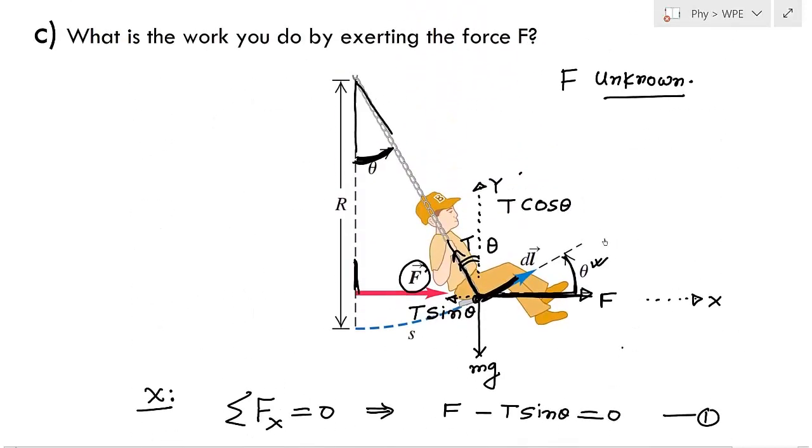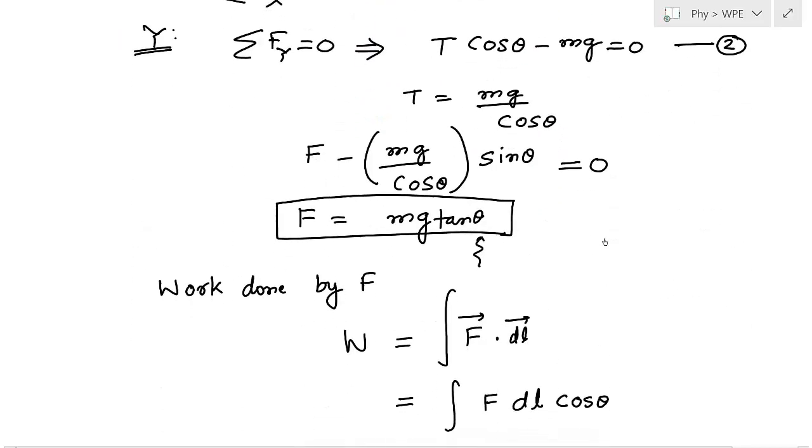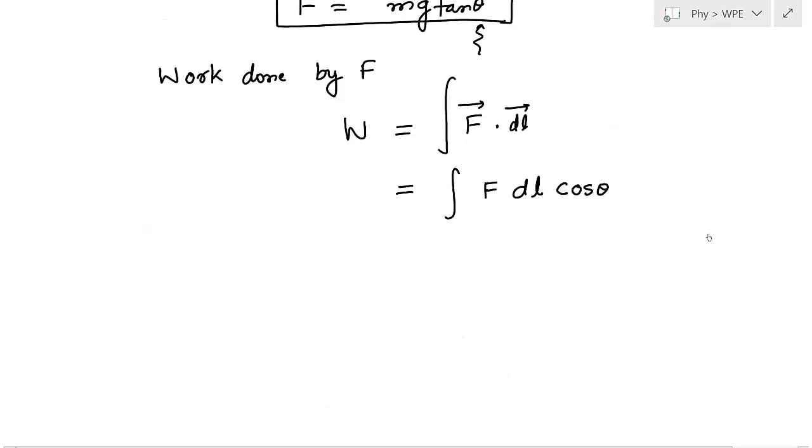If you remember, in circular motion or in circle geometry, if you have a small angle d theta and a small arc length dl, then you can write dl equals r d theta. So I can write it here. dl is nothing but r d theta, so we have cos theta times r d theta. Now the limits of integration: initially theta is equal to 0 degrees and finally it goes up to theta naught.